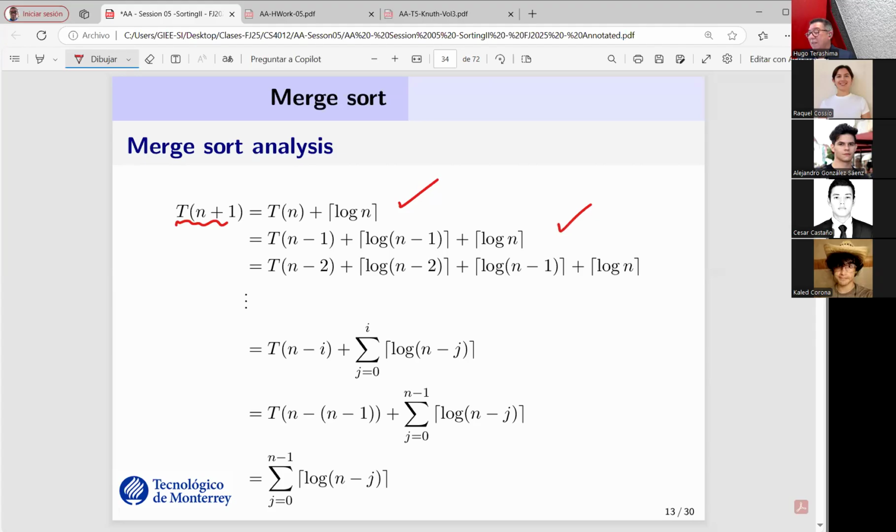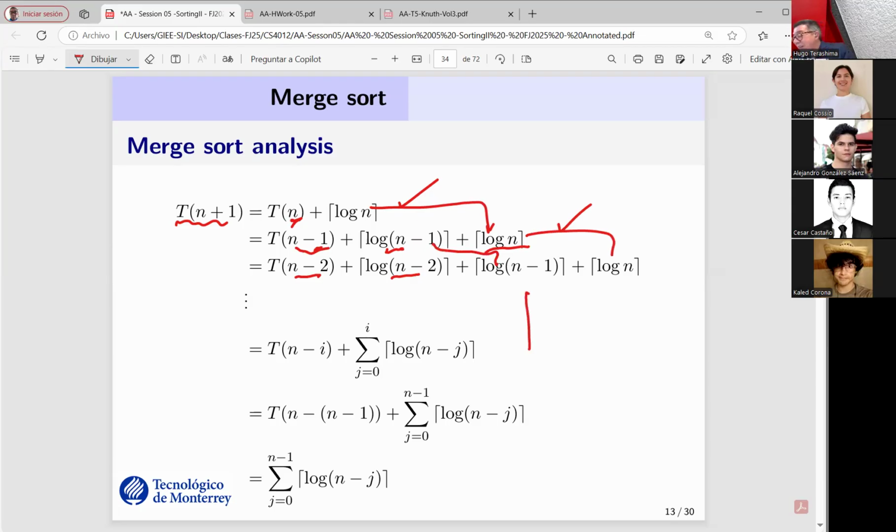T of n is t of n minus 1 plus log of n, and t of n minus 1 is t of n minus 2 plus log of n minus 1, plus log of n, and so on.